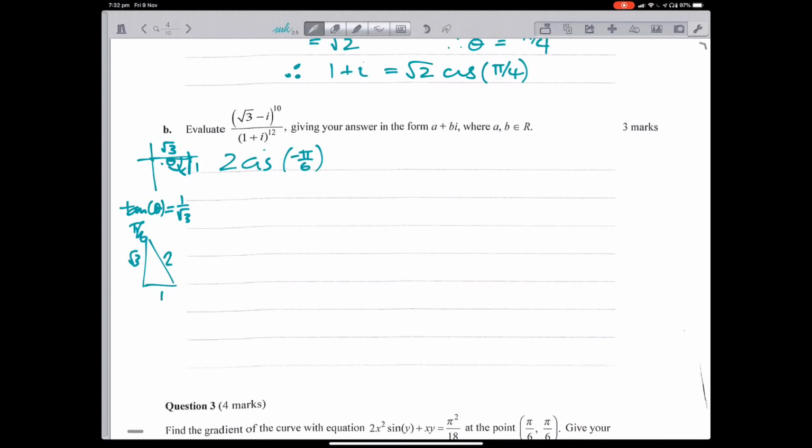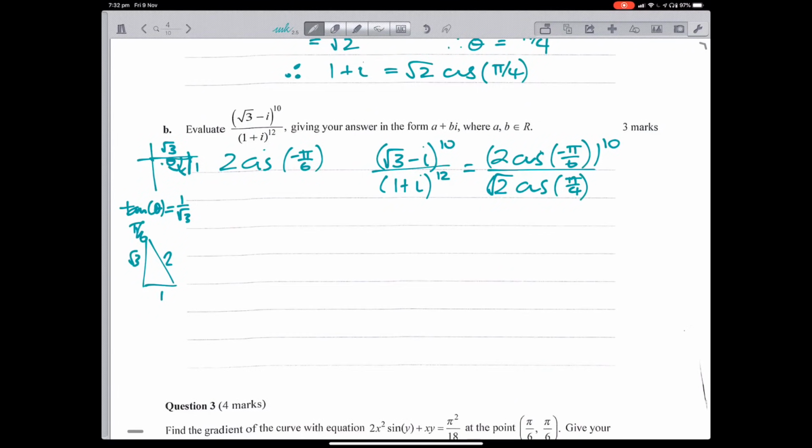So we can say root 3 minus i to the 10 on 1 plus i to the 12 is equal to 2 cis negative pi on 6 to the 10 over root 2 cis pi on 4 to the 12.